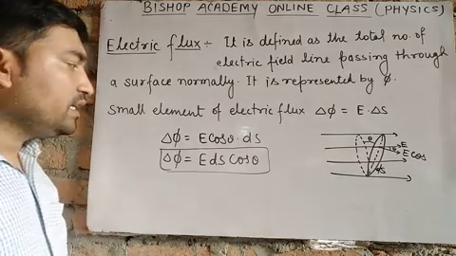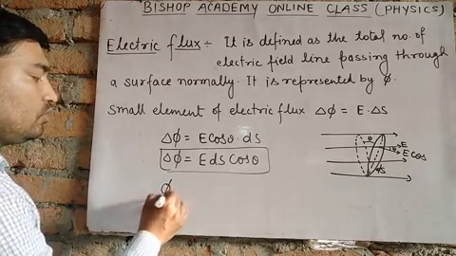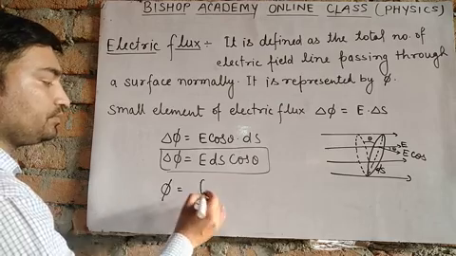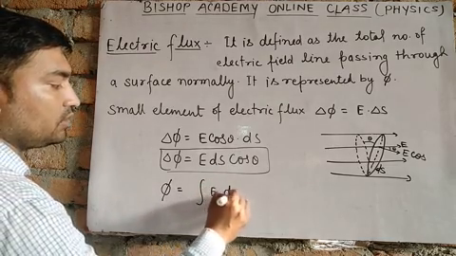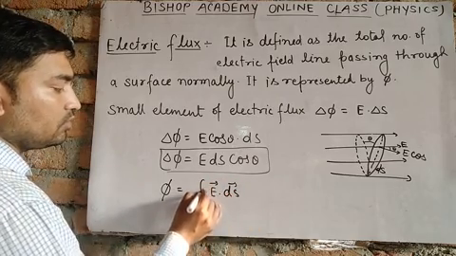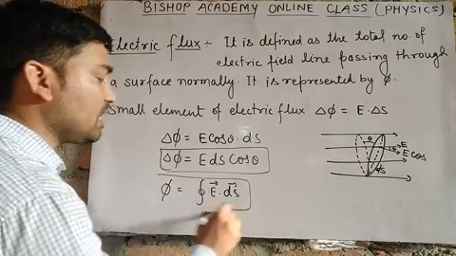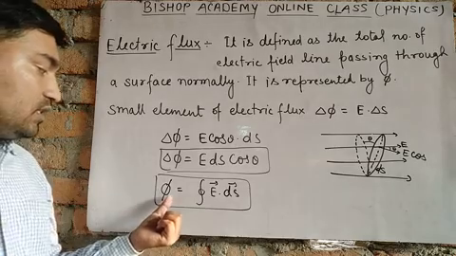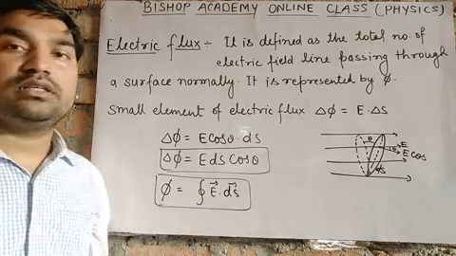It is also written in the form of an integral. Whole flux phi is written as E dot dS over the whole area. It means flux is also written in the form of an integral. It is represented by phi equals closed integral of E dot dS.